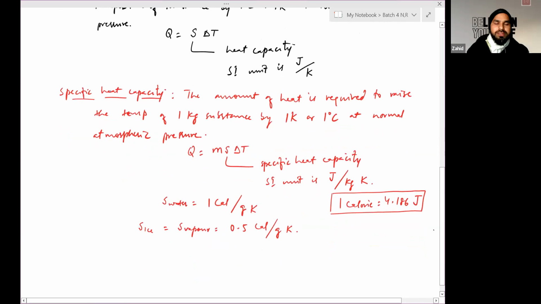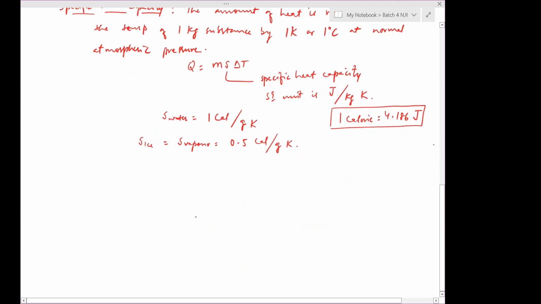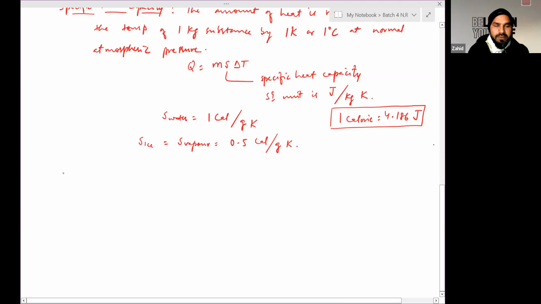In this part, we are considering any solid object or any liquid object. But suppose you have to calculate this amount of heat for a gas, we may define the amount of substance in terms of mole. So you can call it molar specific heat capacity.